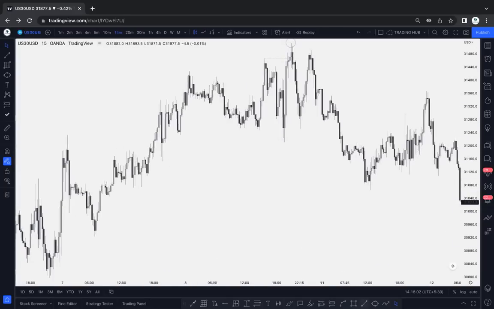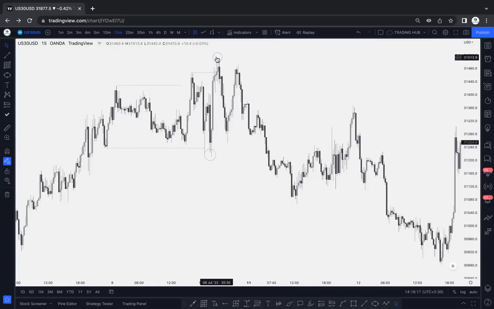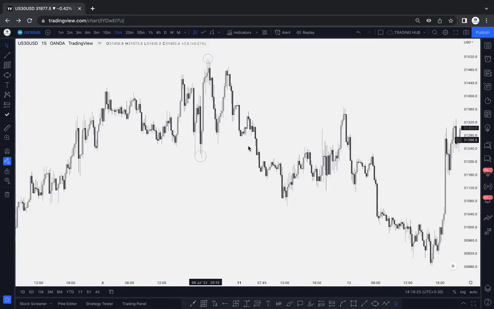If I mark below it, we can see the market took out the previous low here. So this one is our higher low and higher high. Again the market broke the structure. I'm just marking this to add confidence and confirm the structure. Now this is our higher low and higher high.